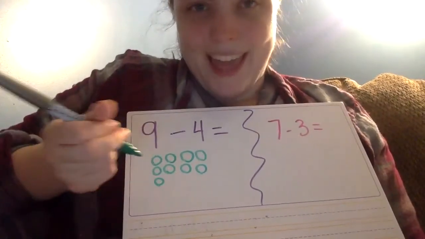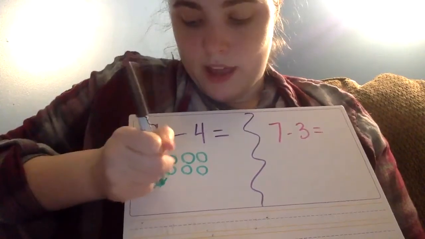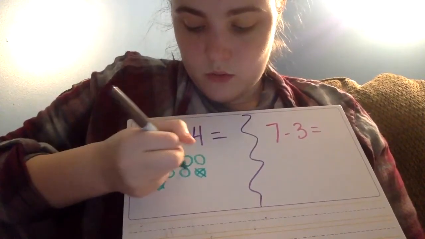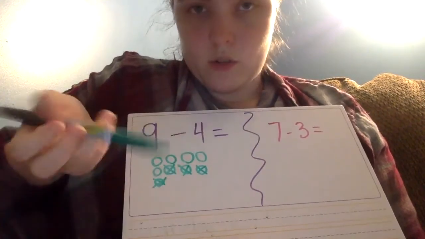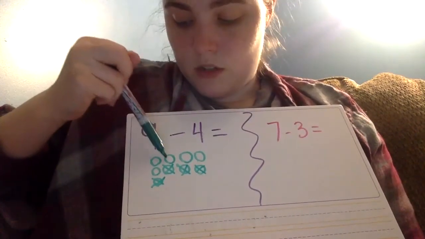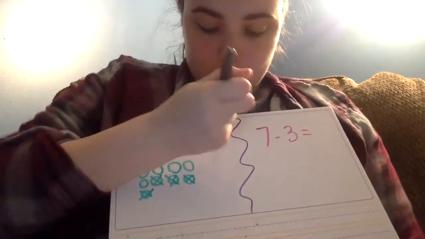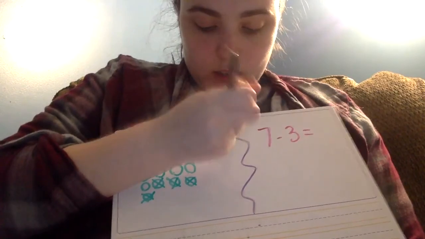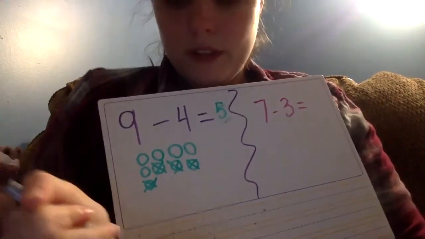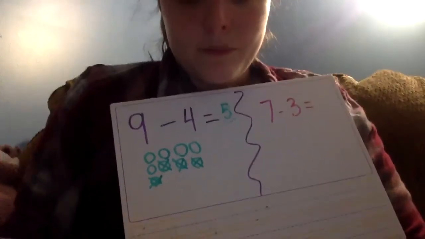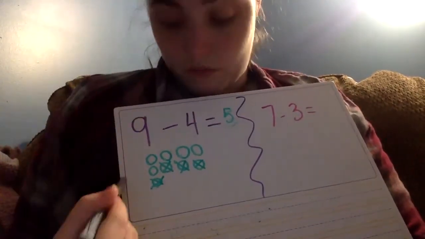We're going to put X's on them starting at the end. So we X 1, 2, 3, 4. How many apples do we have left? 1, 2, 3, 4, 5. And Mrs. Carmody wrote that 5 backwards. There we go. That's better. 5. Very good. We did that one.